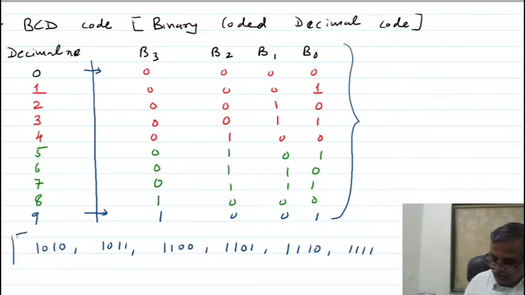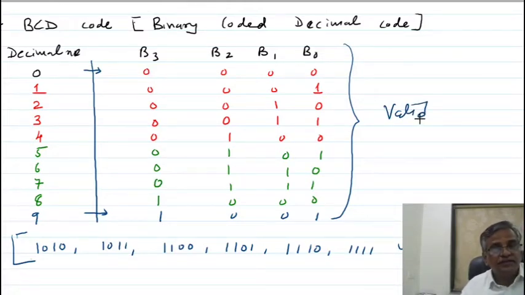This is known as invalid. It is not valid. This is your valid codes. With the help of BCD codes, you can do addition and subtraction.